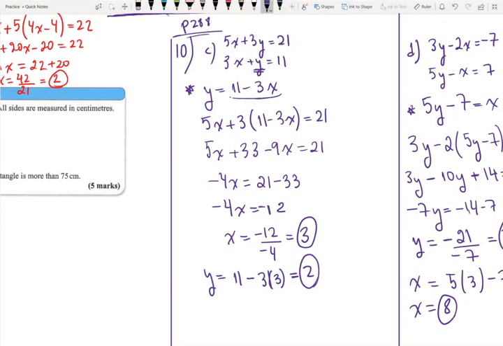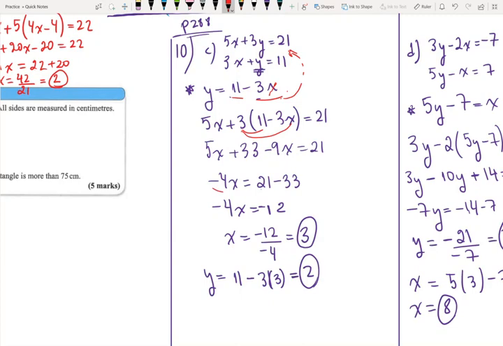Now we take the value of y and we replace it in the first equation. So 5x plus 3 into (11 minus 3x) equals 21.